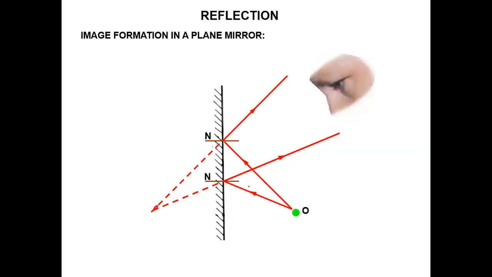You're going to send two rays, take the virtual image of the first ray and the second ray, and the place they merge, the object will be formed over there. So the distance from the object to the mirror and from the image to the mirror are going to be the same in the plane mirror. If it's 2 meters here, that means it's going to be 2 meters from here, behind the mirror.